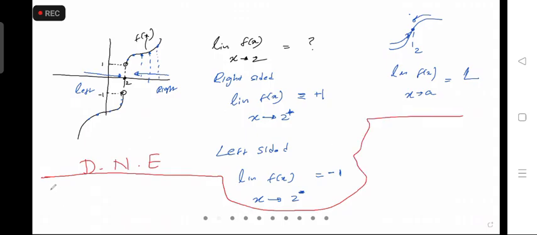I will write it down here. For a limit to exist at, let's say, point A, right?